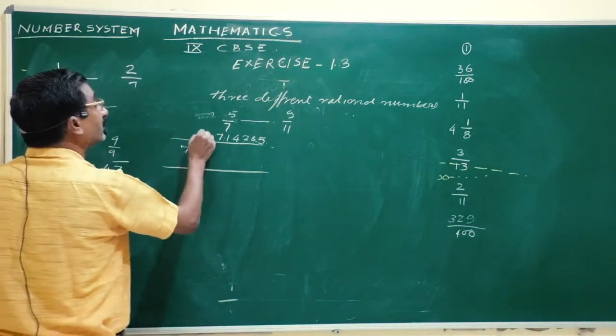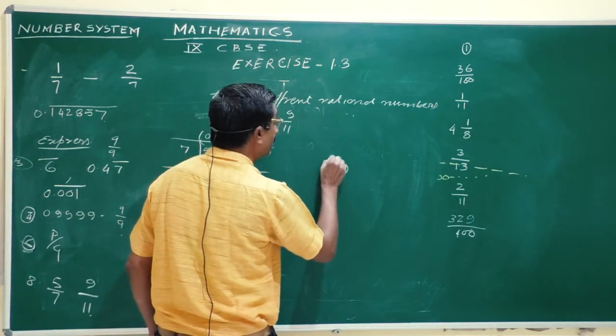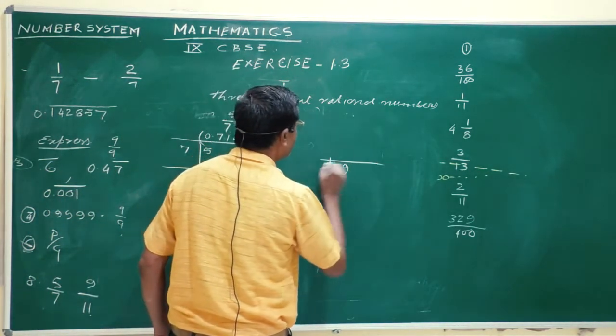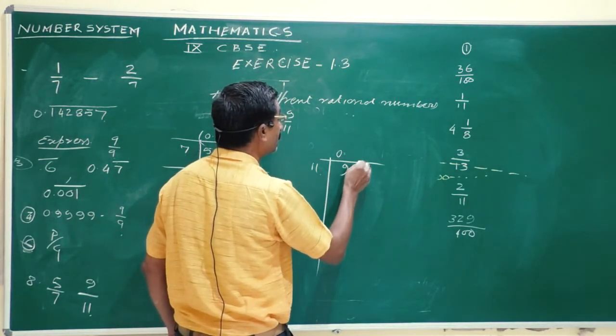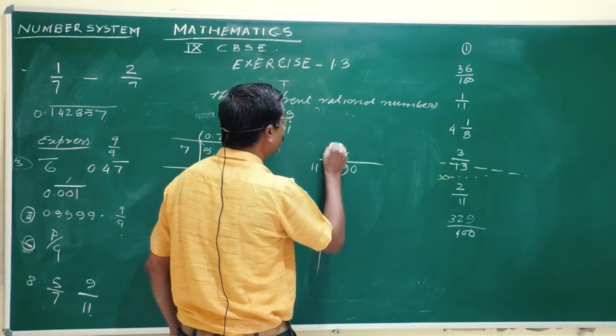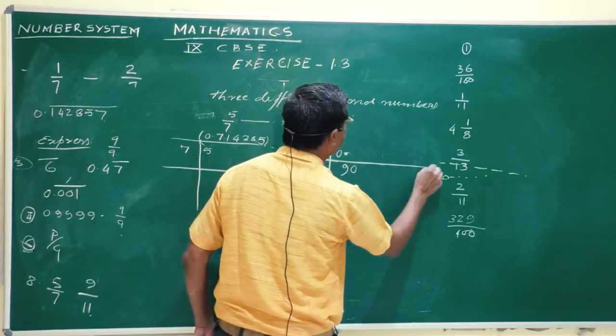So now this is the value, and now 9 by 11. In the previous, I think I made some mistake.